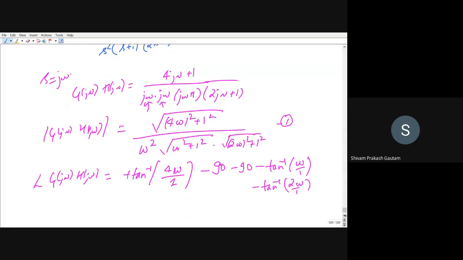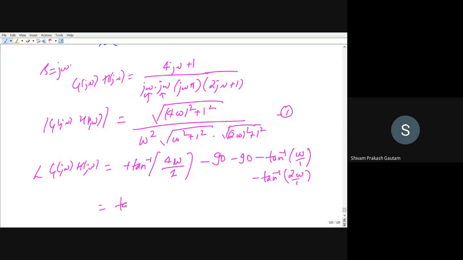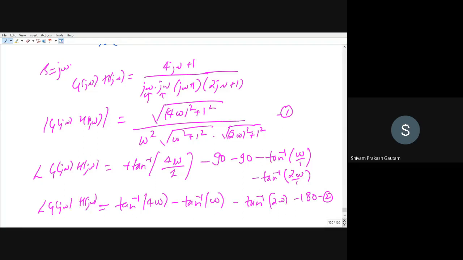If you simplify this further, it becomes tan inverse of 4 omega minus tan inverse of omega minus tan inverse of 2 omega minus 180 degrees. This is our equation number 2. Let me know if anyone has any doubt in these two equations, because you have to get these. Equation number 1 and equation number 2, is it clear to all of you?